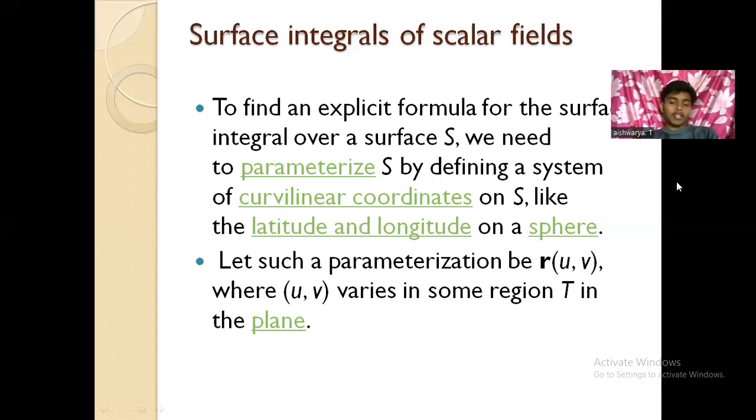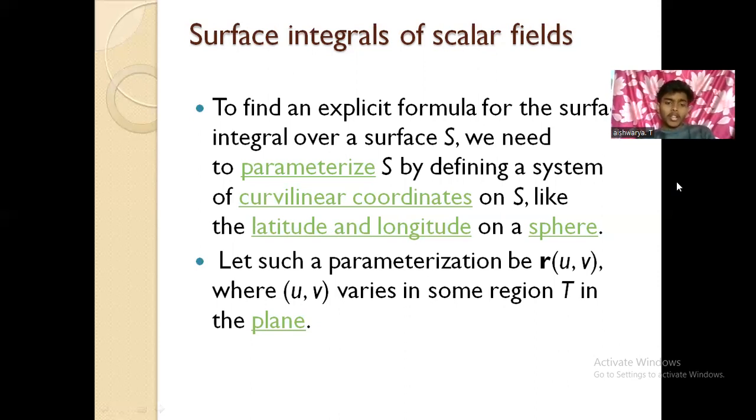Let the parameterization be r of u comma v, where u comma v varies in some region T in the plane.